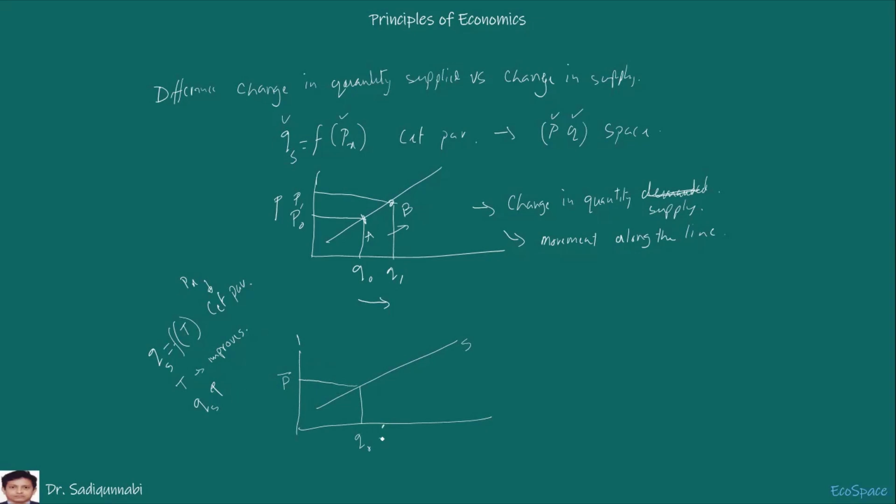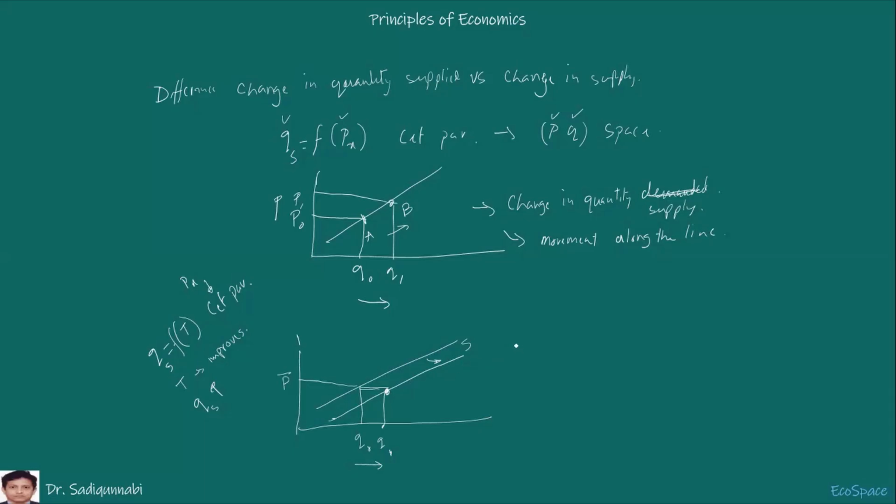So this is now Q1. Technology improves means QS increases. So QS is now here. Our P is fixed, so we cannot move beyond the P. So P cannot be increased. So we can find a point here. Then it is called a shift forward. Because technology improves, there is a change in supply.